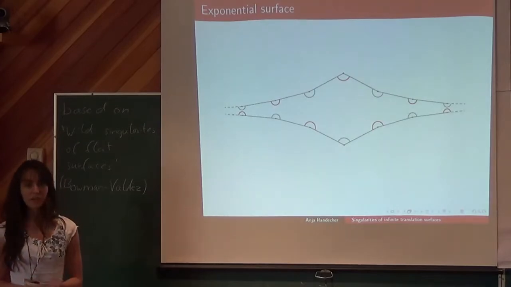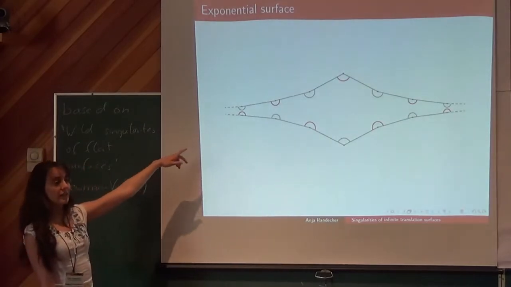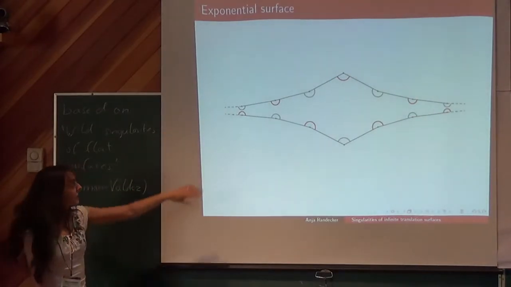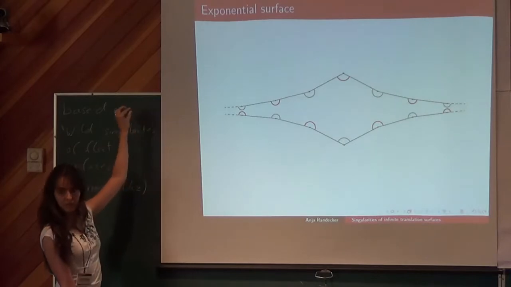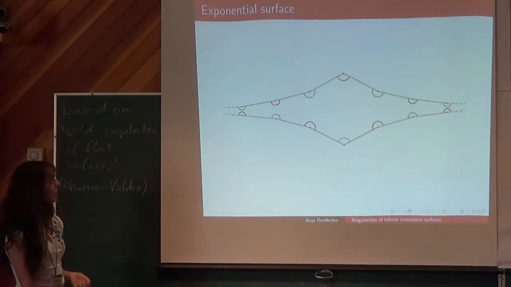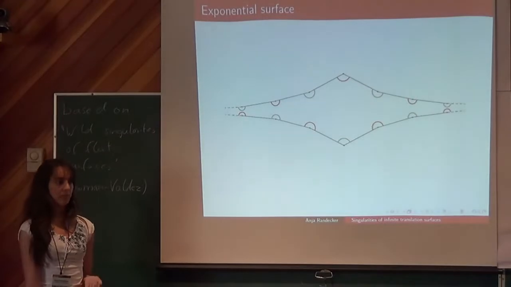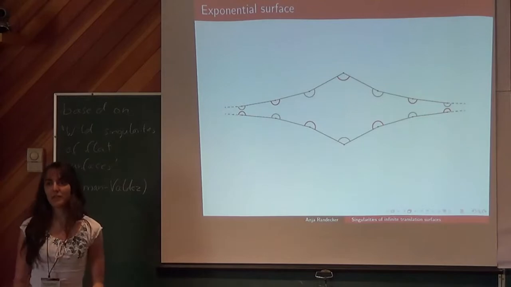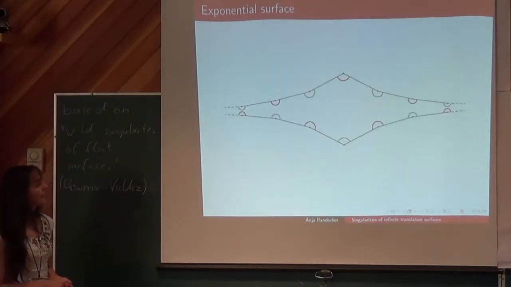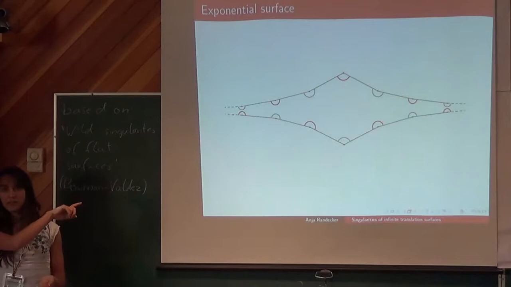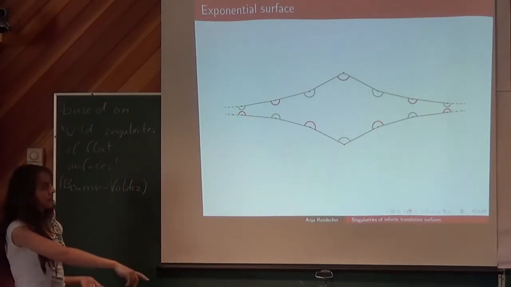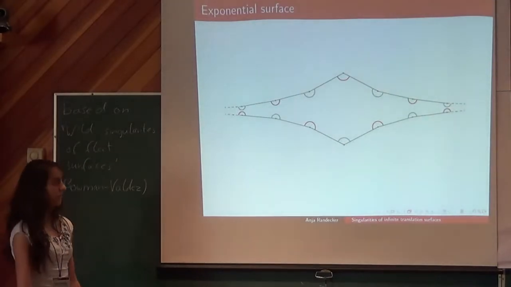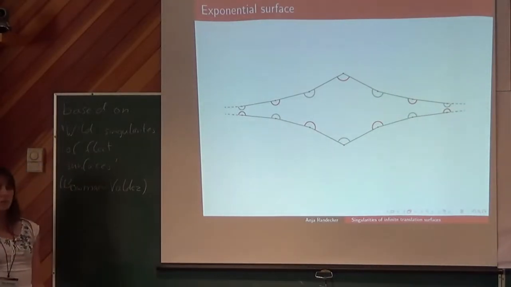But that's not true, because if you want to get the distance between this purple one and this gray one, you see that they're coming closer and closer. So the distance is 0, so they belong to the same singularity, because they are in the metric completion. And so this is one singularity. It's not a finite angle singularity, it's not an infinite angle singularity, so it must be wild. And it has 2 rotational components.